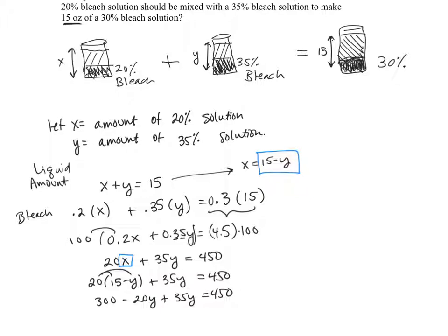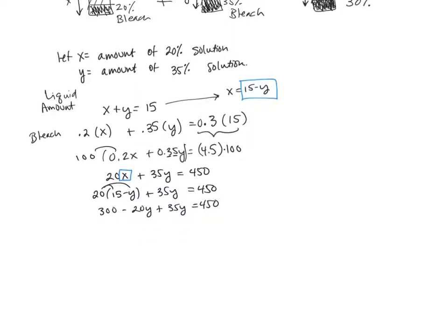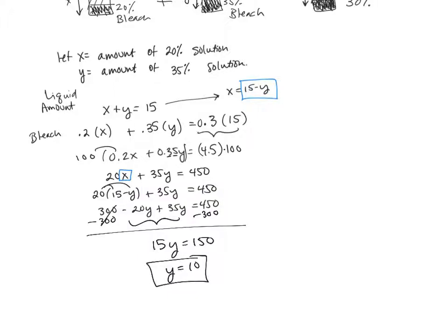I'll subtract 300 from both sides and combine my y's here. So I've got 15y is equal to 150, so y is equal to 10. Now, going back to my x equation, x is equal to 15 minus y, and y we just found is 10. So x is equal to 5.